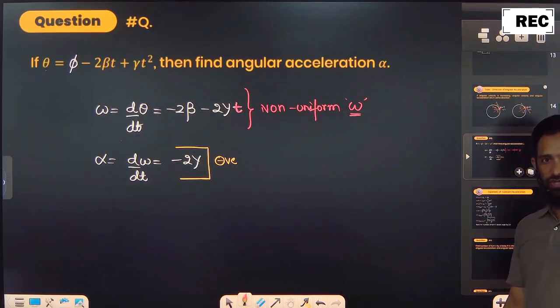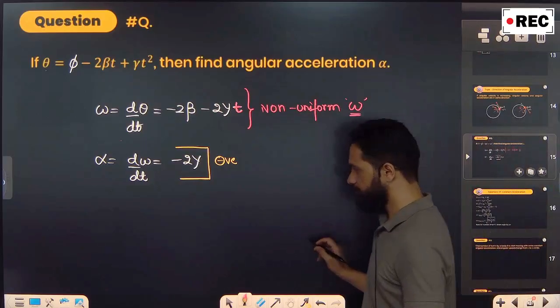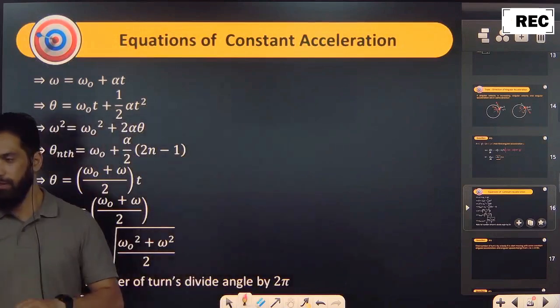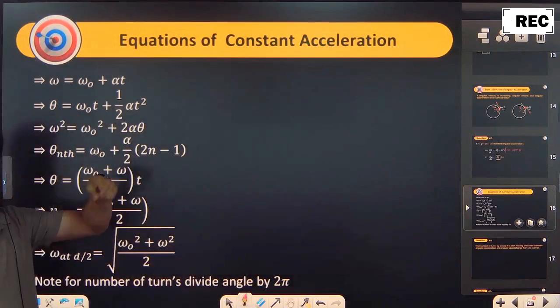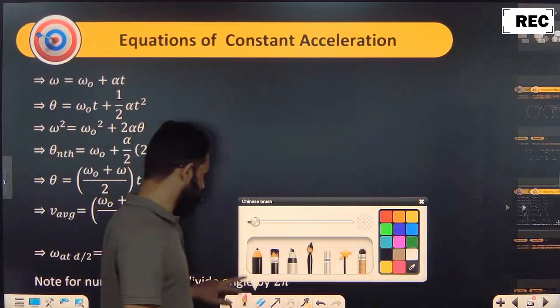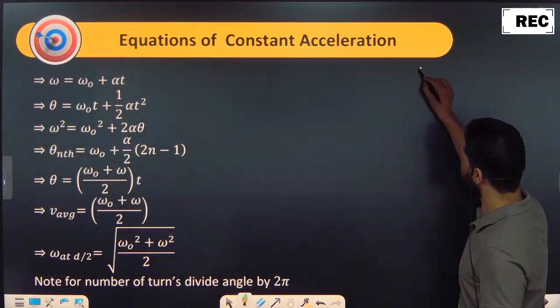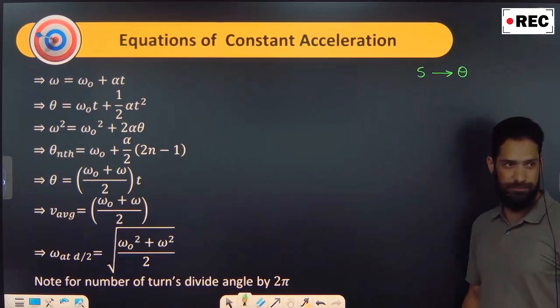You remember the equations of motion? How many equations of motion did I give you? 3 equations of motion. The same equations of motion apply for this circular motion. Only understand one thing before you go into the detail. Before, I used to write S, now you have to understand it as theta.